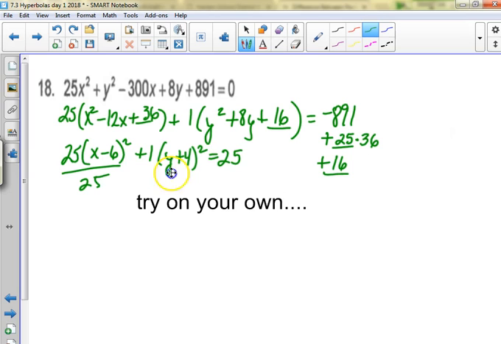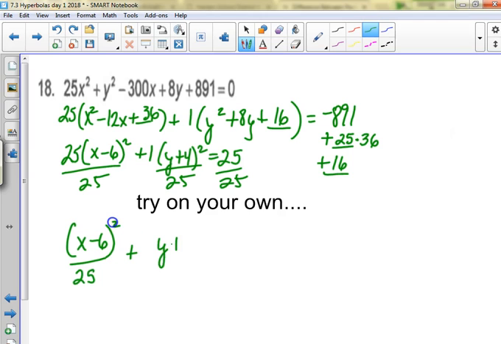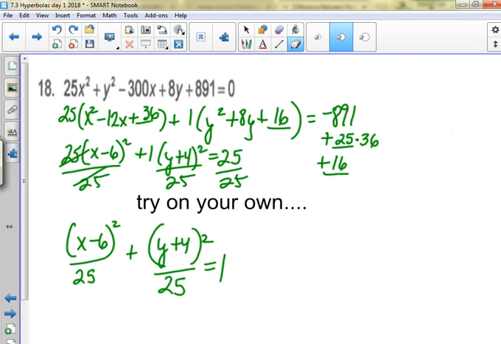Then if I divide everything by 25, ellipse or hyperbola? What did I do wrong? 25 over 25, that one should be 1 right there.